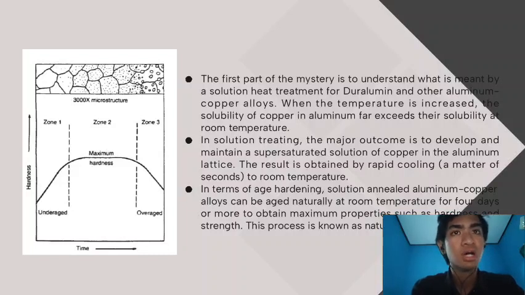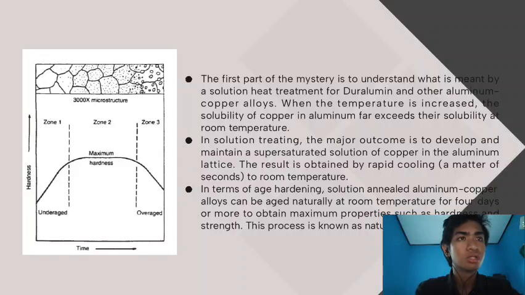When these zones are small and more or less continuous, then the zones of precipitate are said to be coherent precipitation.